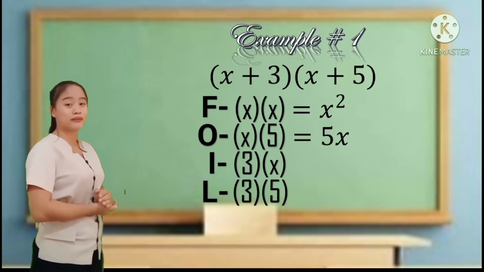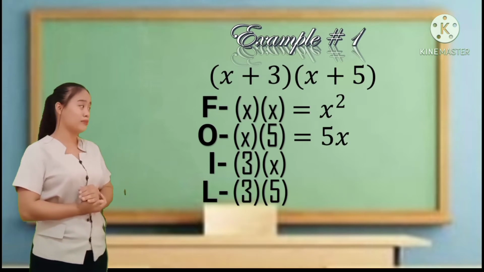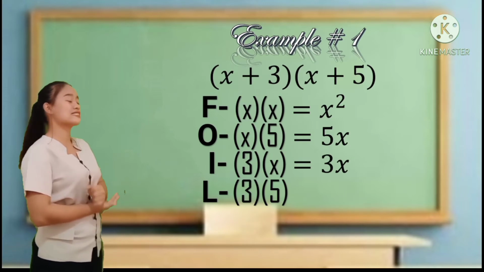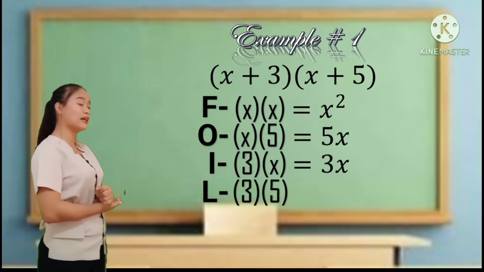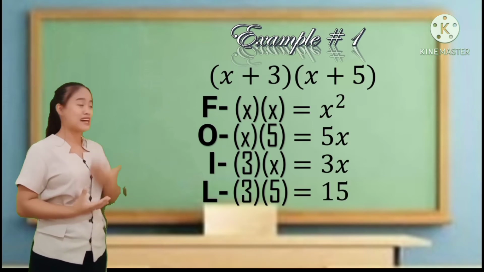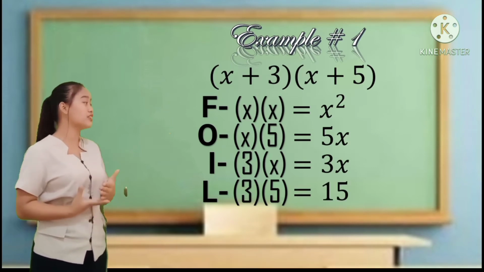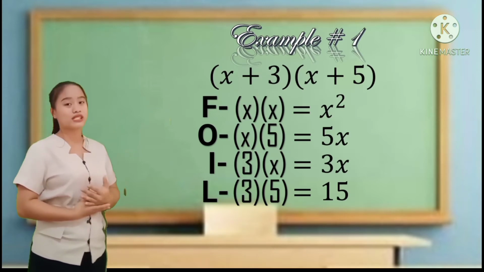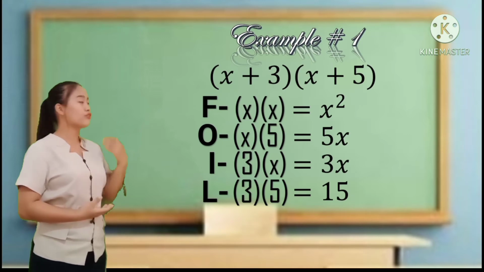Then 3 multiplied by x, which are the inner terms, we have 3x. Then the last terms, 3 multiplied by 5, we have positive 15. And then arrange the terms. So we have x raised to 2 plus 5x plus 3x plus 15.